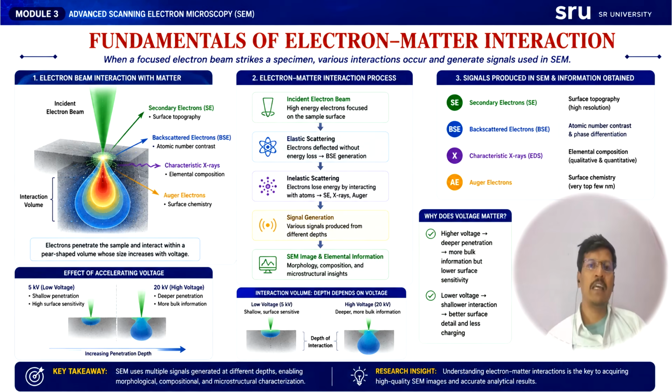Since the heavier elements scatter electrons more effectively, backscattered electron imaging provides compositional contrast.